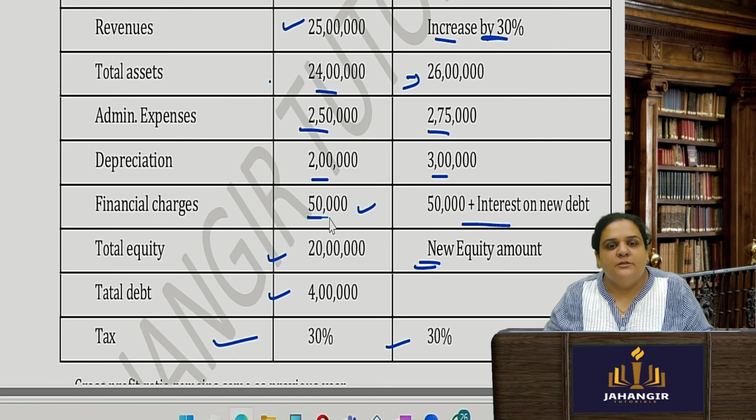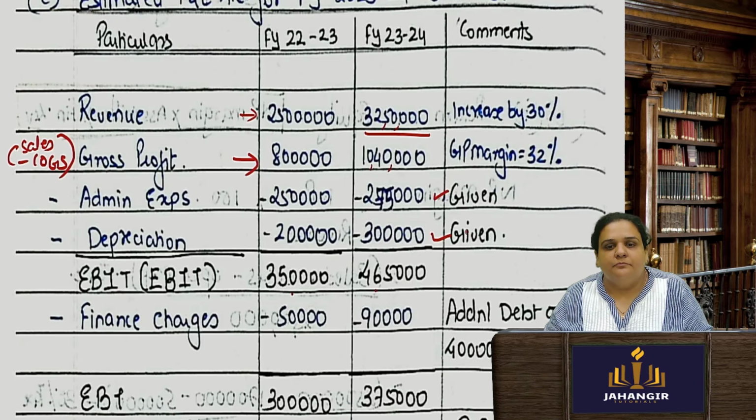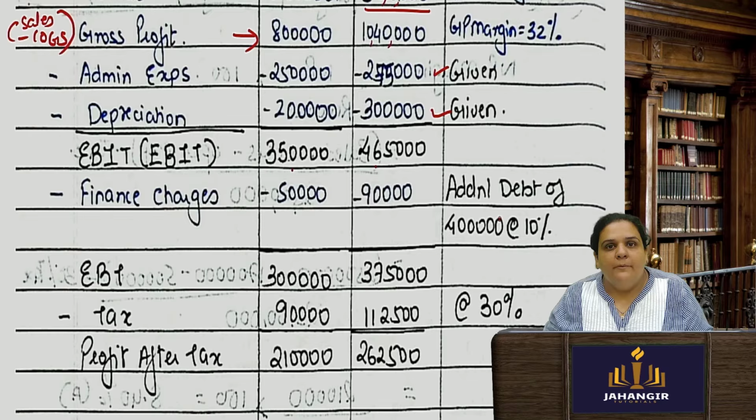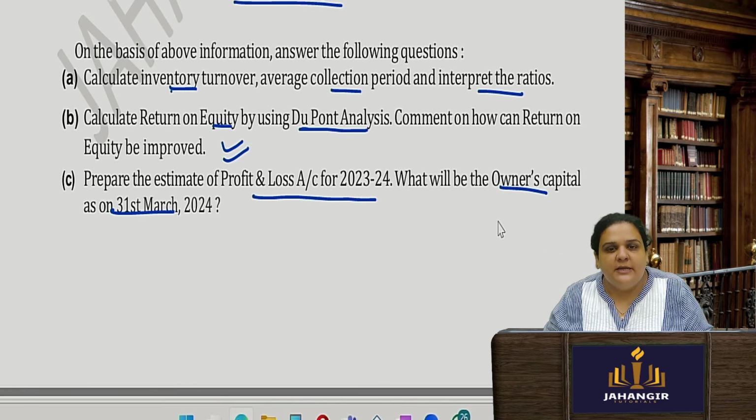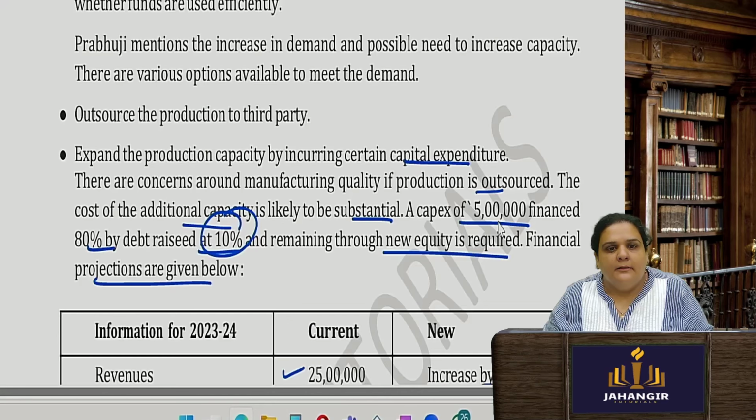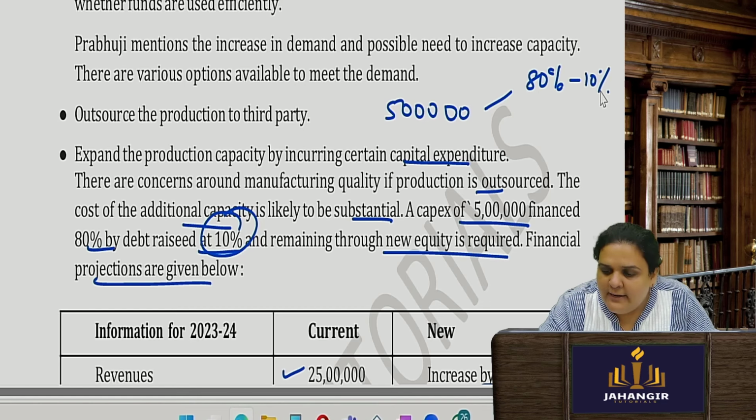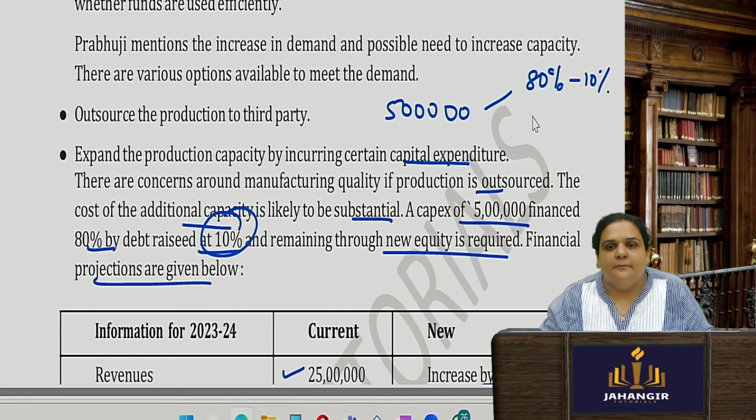Financial charges was 50 and now it will be 50 plus interest on new debt. So how much is my new debt? How much debt am I taking? They are saying capex of 5 lakhs. That will be 80% debt with a 10% interest rate. So 5 lakhs into 80% is 4 lakhs.